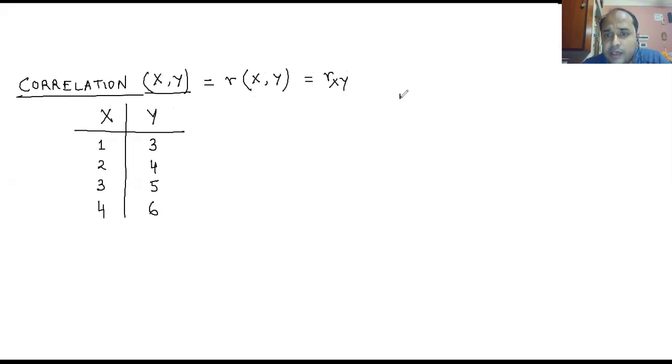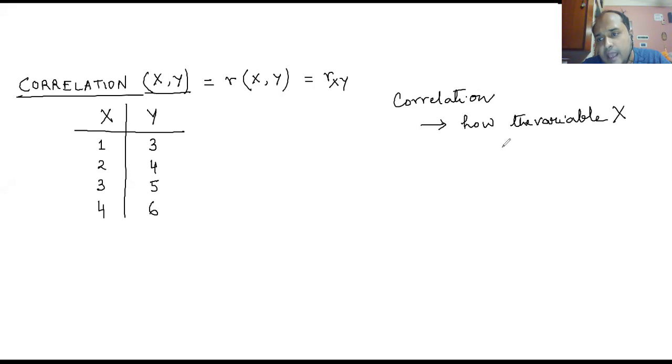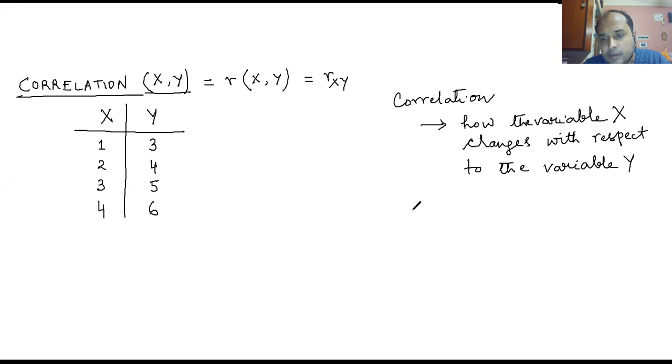We know that correlation talks about how the variable capital X changes with respect to the variable capital Y.